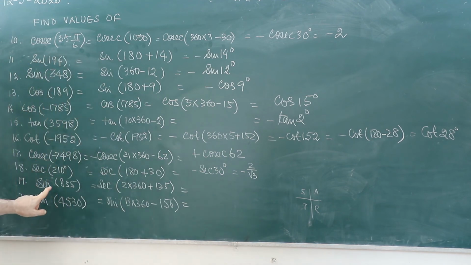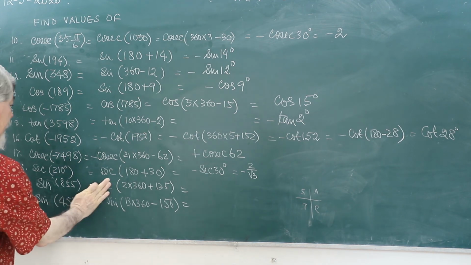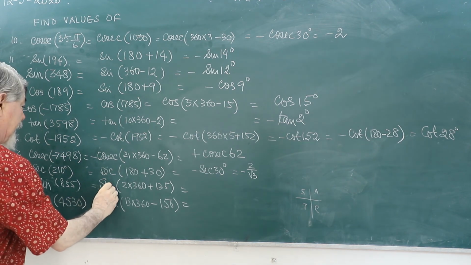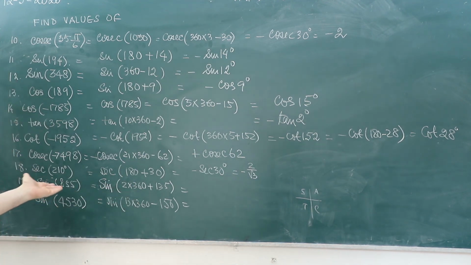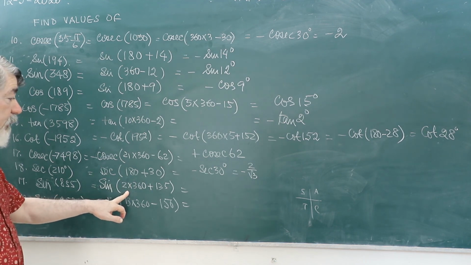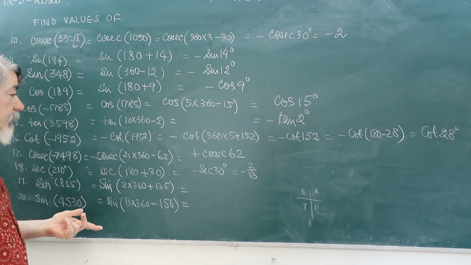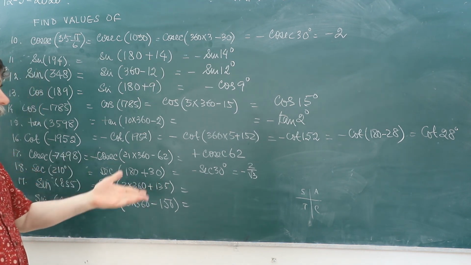Then I have sine 855. Sine 855, it is sine, not sec. 2 into 360 will be 720. 720 plus 135 will give you this. So it will come into which quadrant? The first quadrant. I told you that this angle may be bigger than an acute angle, but it will adjust.